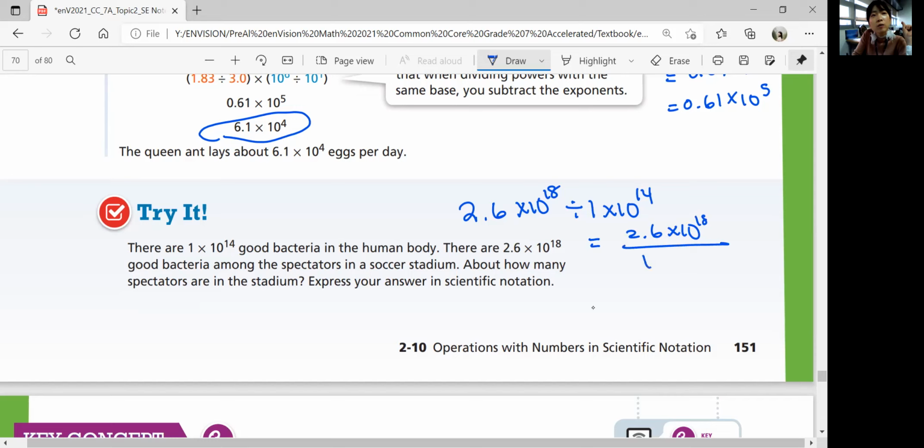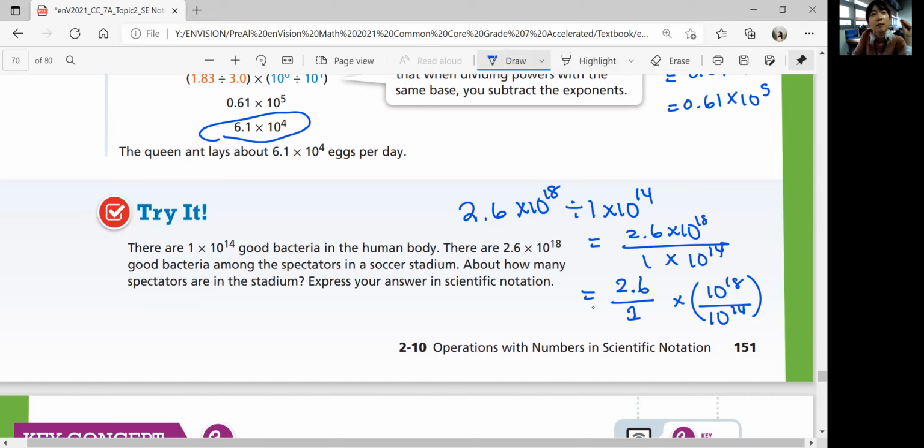to visualize what you're doing. And then you can group the numbers together. 2.6 divided by 1 is 2.6. And you have 10 to the 18th power over 10 to the 14th power. What's the quotient of powers property of exponents?